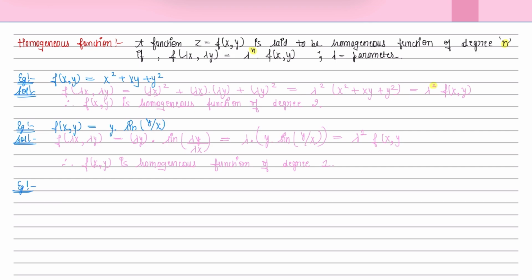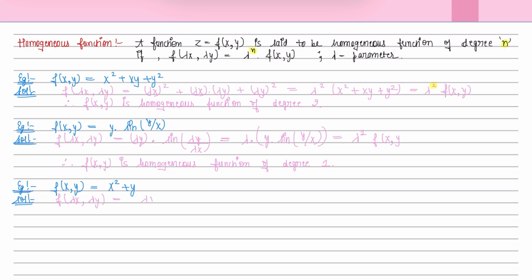Another question, f of x comma y is equal to x square plus y, replacing x by lambda x and y by lambda y.